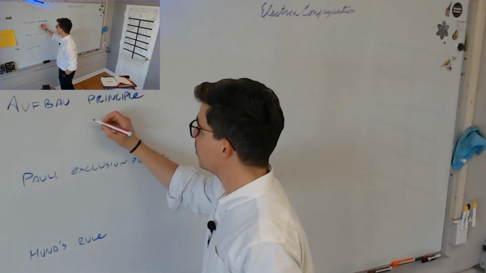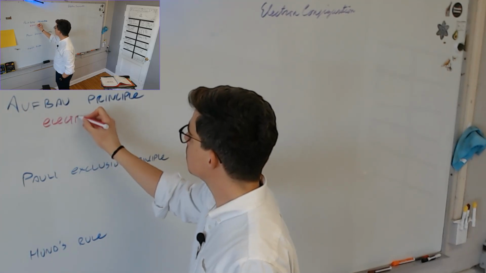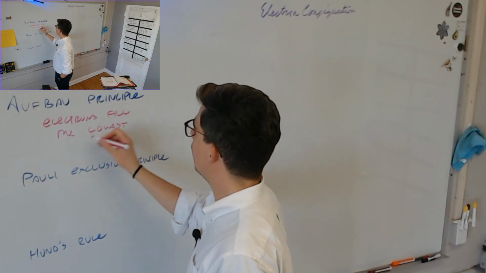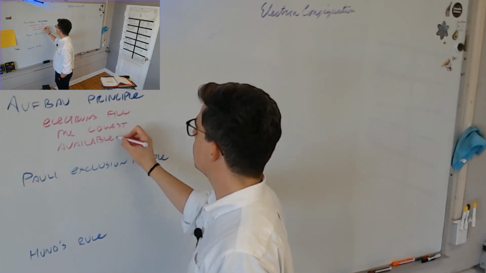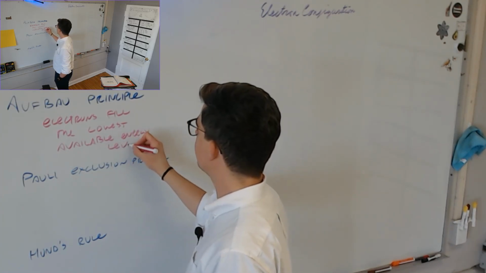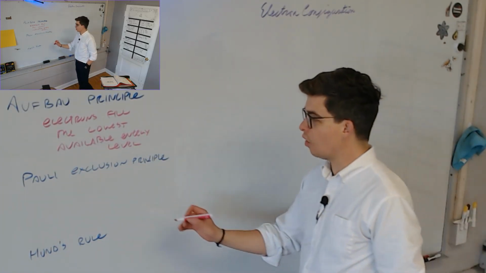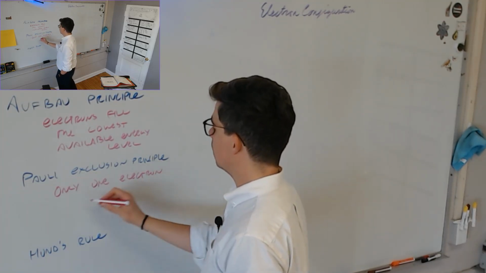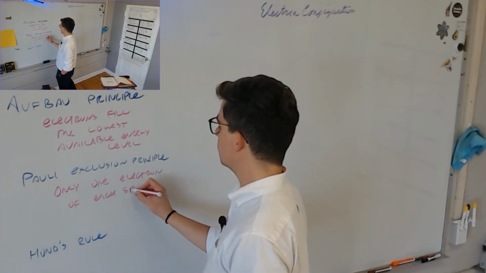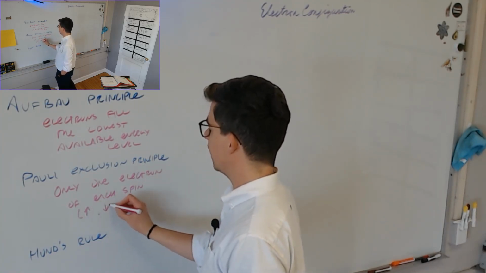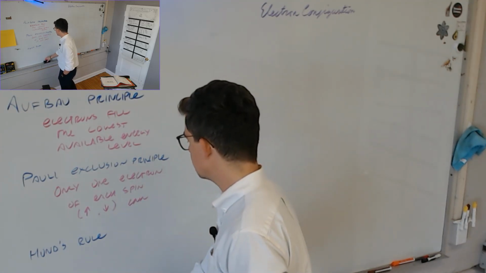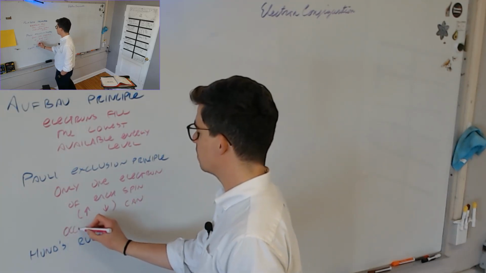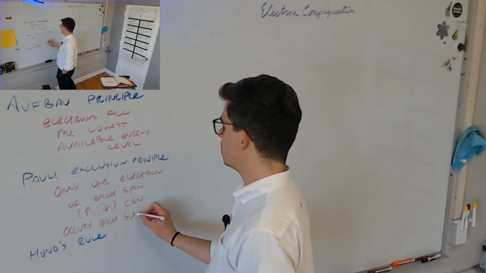So the Aufbau principle is that electrons fill the lowest available energy level. The Pauli exclusion principle is that only one electron of each spin, up or down, can occupy each suborbital.